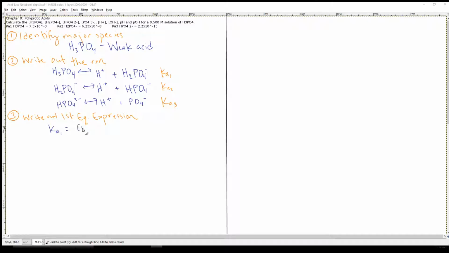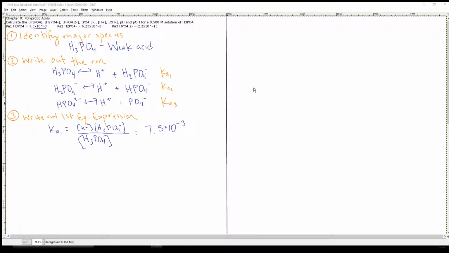I have H plus, H2PO4 minus, and my reactant is H3PO4. And I know my Ka for phosphoric acid, it's up here at the top. There it is, I'm underlining it. So this is equal to 7.5 times 10 to the negative third.